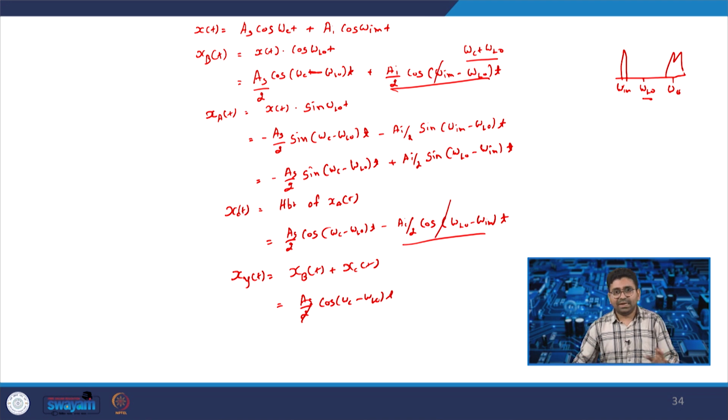So, this is a trigonometric way of solving; that was a graphical way. Both come to the conclusion that we can reject the image if we apply the Hilbert transform and multiply with quadrature signaling. So, this is how the Hilbert transform is used in the Hartley architecture to reject the image, and that is why it is also called the image reject receiver architecture.